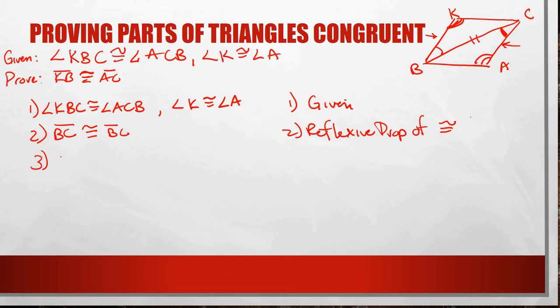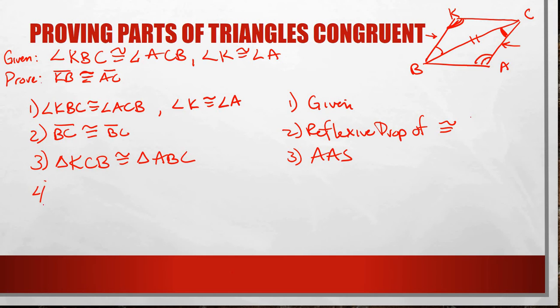And now I can say that triangle KCB is congruent to triangle ABC, and that's because of angle-angle-side.